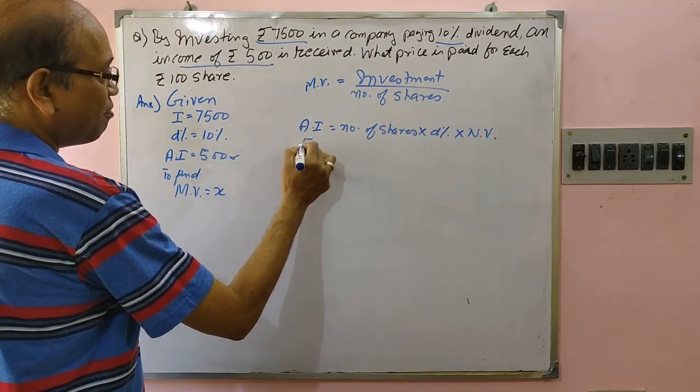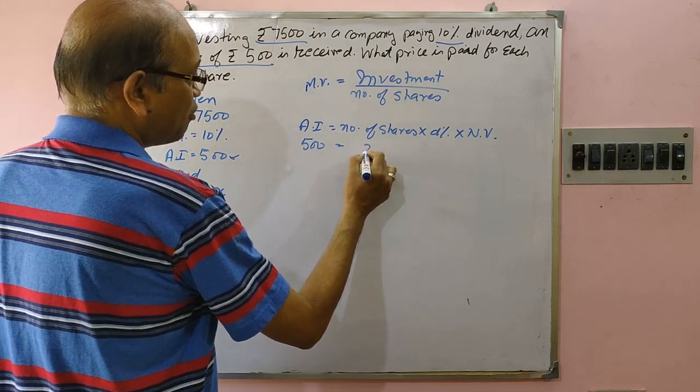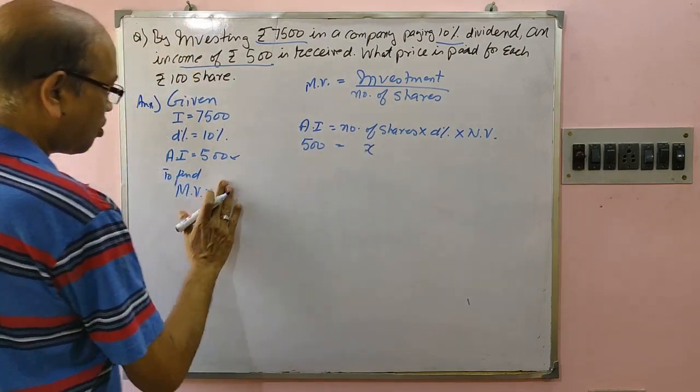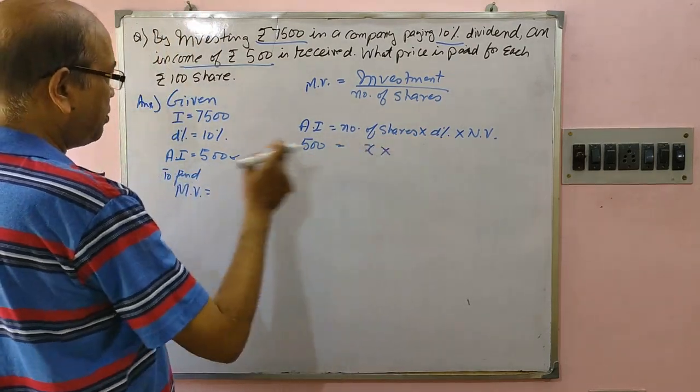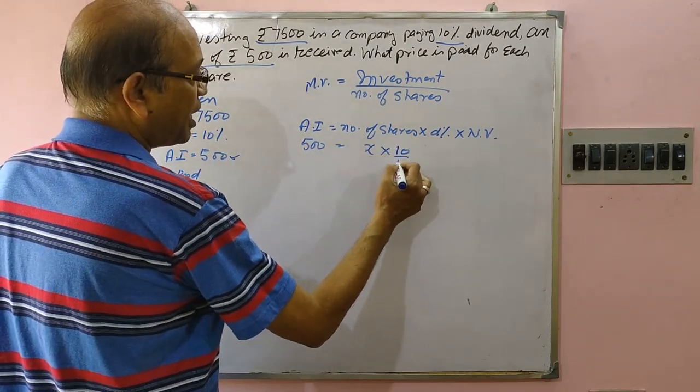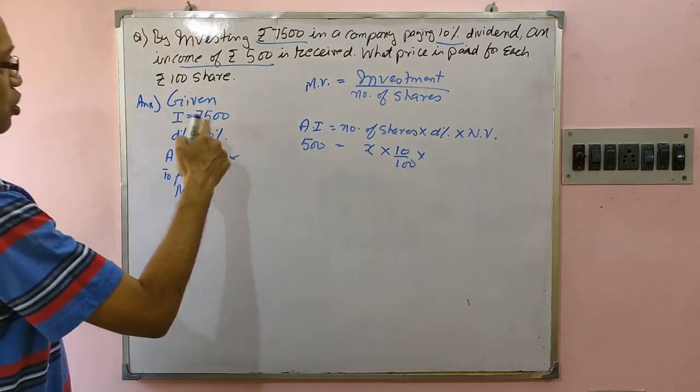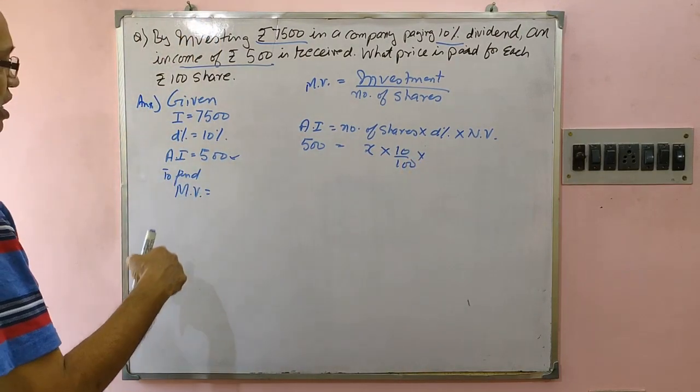Annual income is 500. Number of shares, let it be X. D% means 10 by 100, into nominal value.